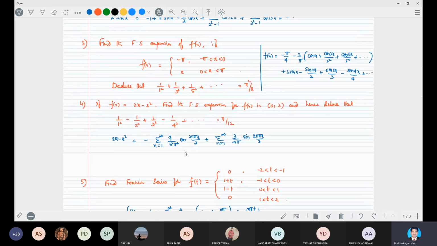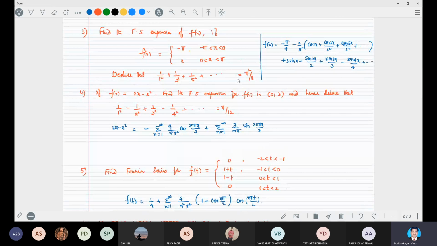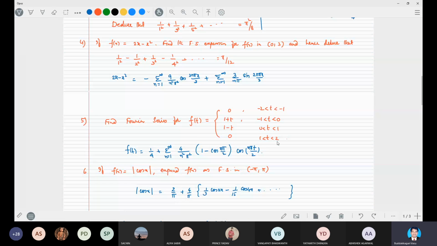The third and fifth are piecewise functions, sectionally divided functions. In the third problem the interval is from minus pi to pi, whereas in the fifth problem the interval is from minus 2 to 2, of the form minus l to l. Okay, their answers are also given.